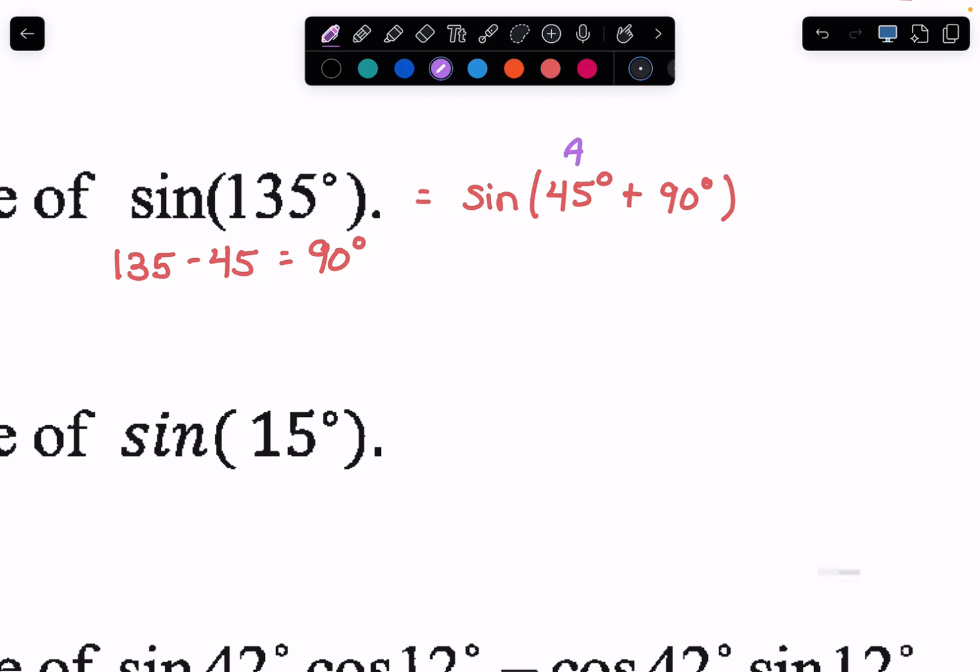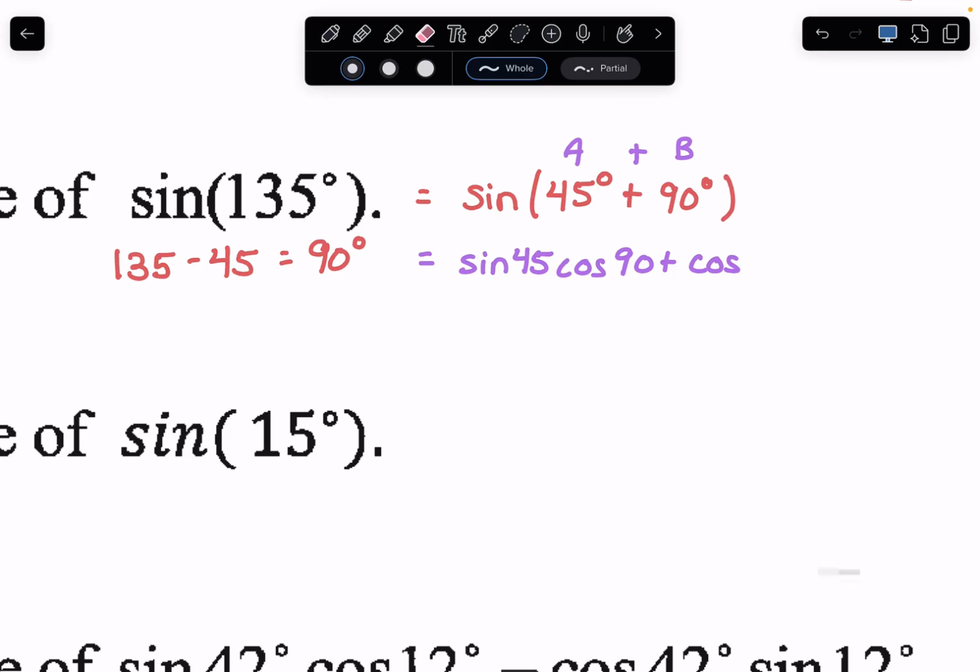Sine A plus B, so you'll use your sheet. Sine A cosine B plus cosine A sine B. Sine 45 cosine 90 plus cosine 45 sine 90. You look at those too long, it'll mess with your head.